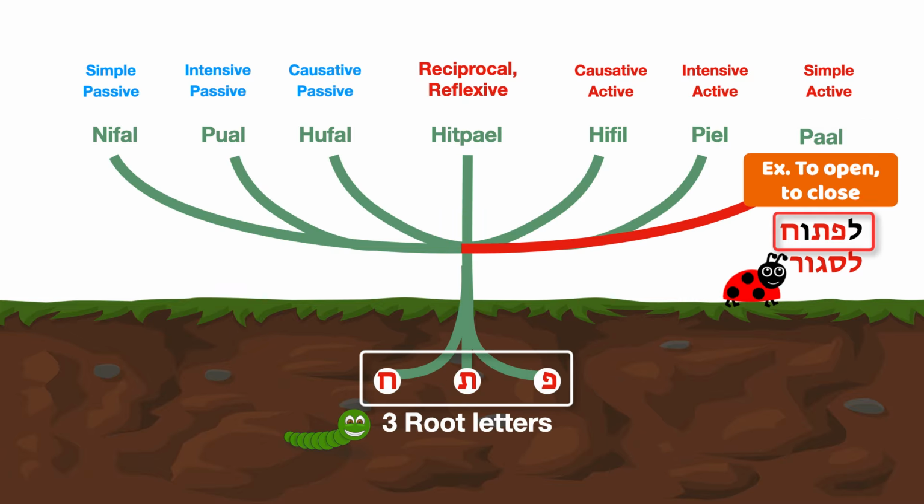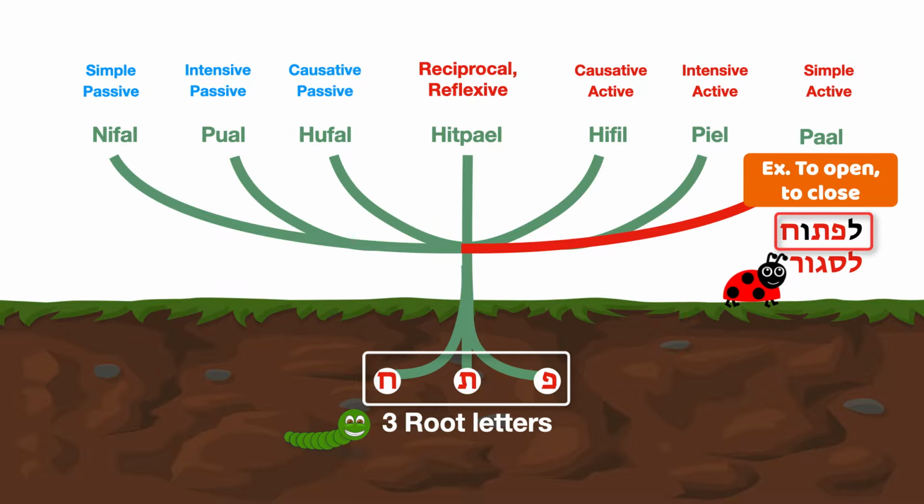In the first example, the root letters are Fe, Tav, Chet. The Pual rule to form the infinitive form of a word is to add the letter lamed at the start and the letter vav after the first 2 root letters. This forms the Hebrew word that means to open.